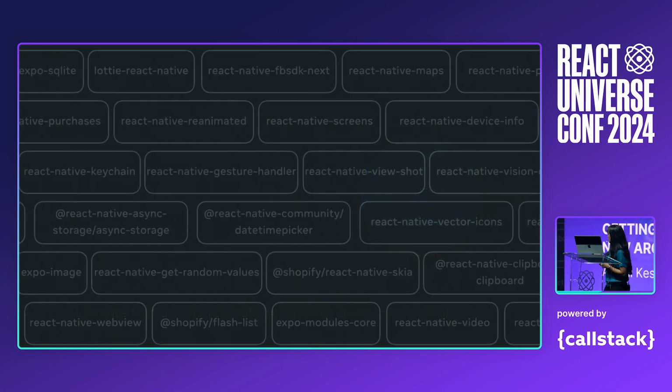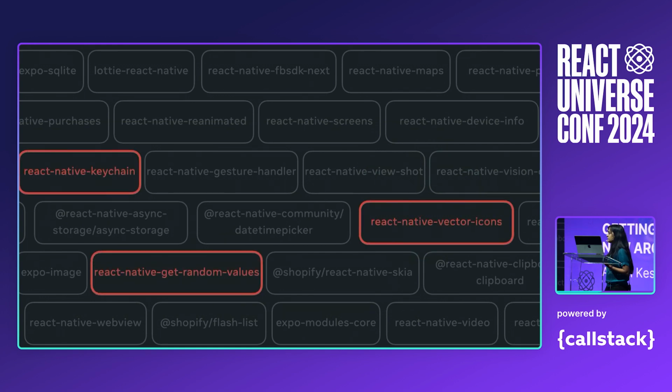Let me give you some examples of them. Libraries like React Native Keychain, Vector Icons, Get Random Values are examples of immediately compatible libraries with the new architecture. Similarly, the vast majority of the Expo modules just worked out of the box once we added support for them in the Expo modules core. Kudos to Expo for their work on SDK and making sure that all these Expo modules work with the new architecture.